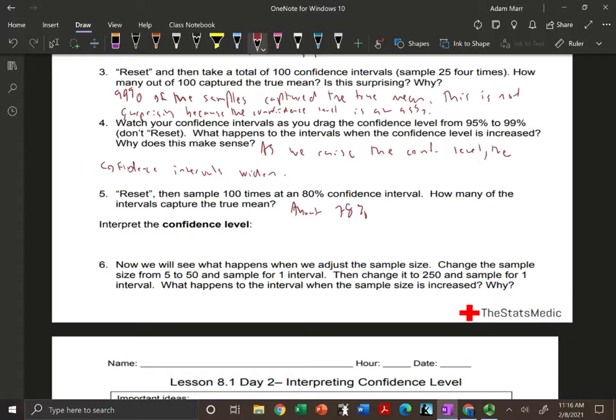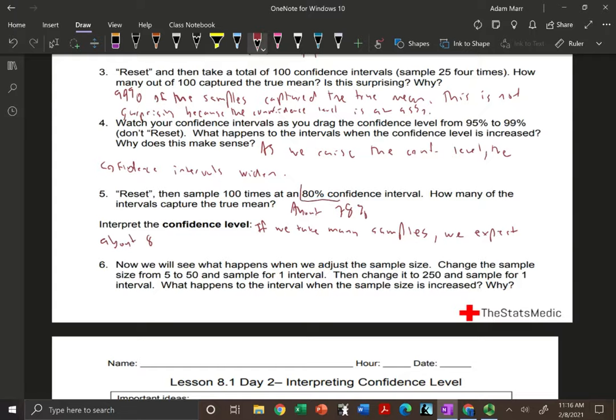Okay. Now, we're going to interpret the confidence level. So what I'm going to say is right here, and this was in your slides and in the other video, if we take many samples, we expect about 80% of the resulting confidence intervals to capture the true mean.